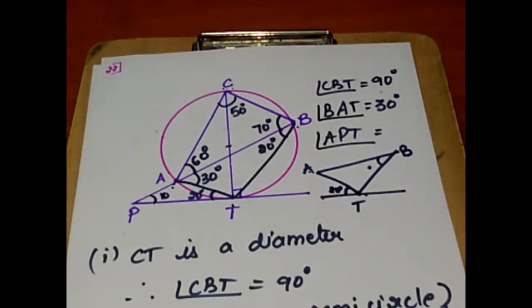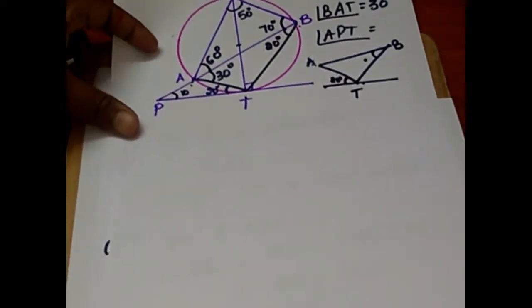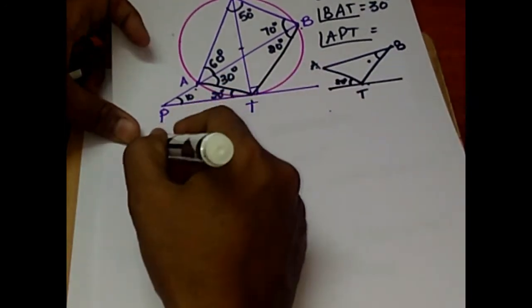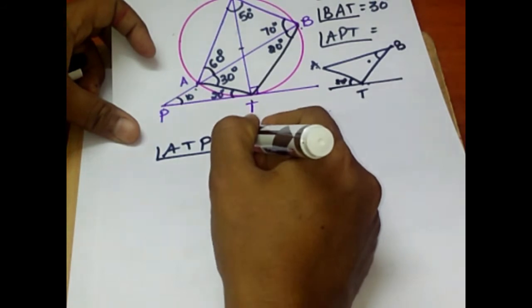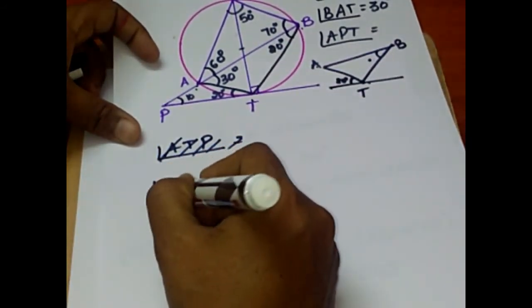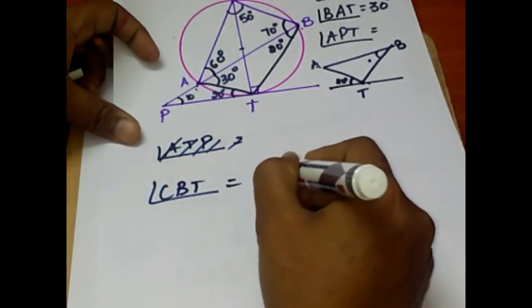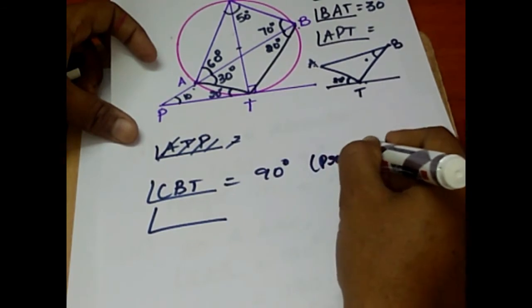Let us write the same. Before that, let us consider this. Angle CBT is equal to 90 degree, already proved.